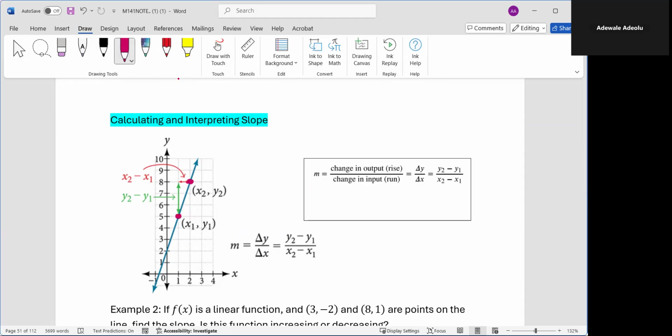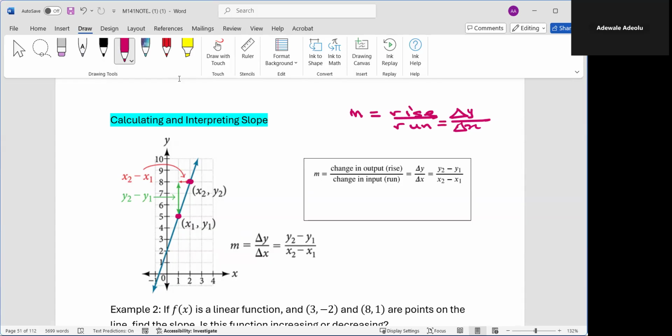So in your high school math, you've learned that slope is rise over run. Rise means y, run means x. That is change in y over change in x. That is the meaning of rise over run.